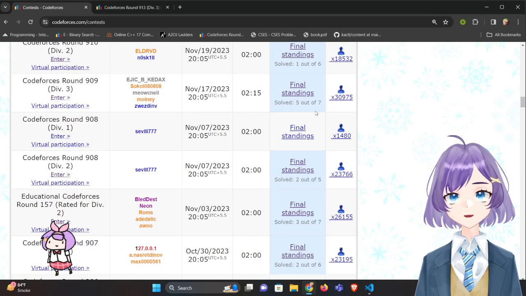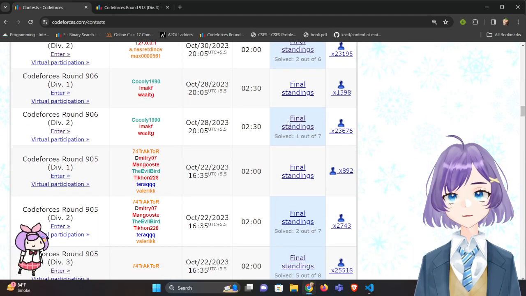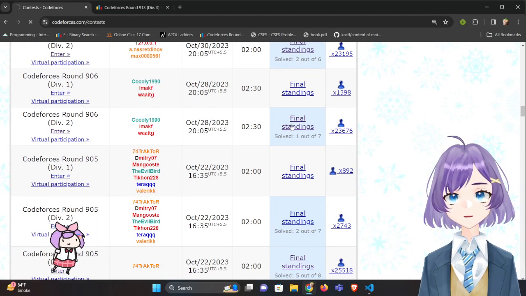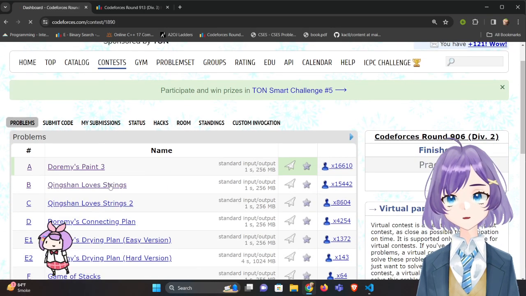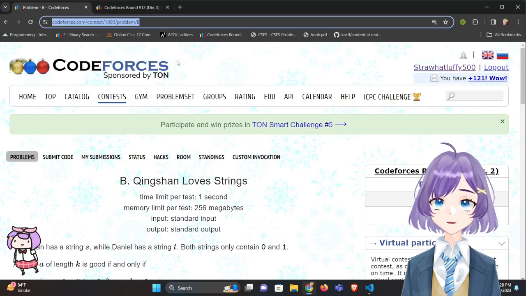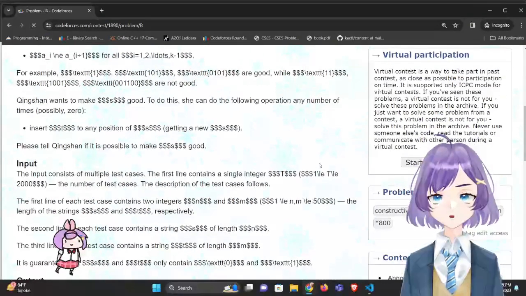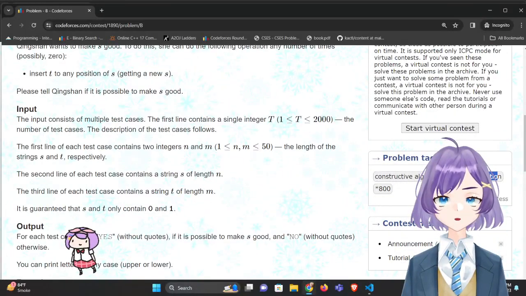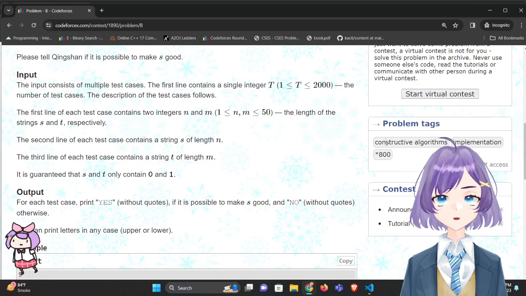Deuteria is solved 5 out of 7. Let's start from here. Yeah, I won't be doing any questions of graphs or trees. I can solve this.